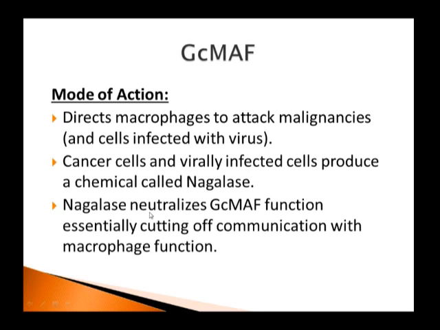Nagalase essentially neutralizes the function of GCMAF in the body. And so the GCMAF is there to communicate with the macrophage to attack. The nagalase is inhibiting GCMAF, therefore there's no GCMAF to stimulate the macrophages. That's what's happening as far as what nagalase is doing.